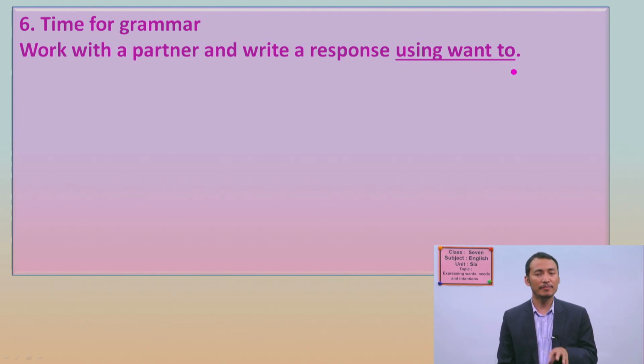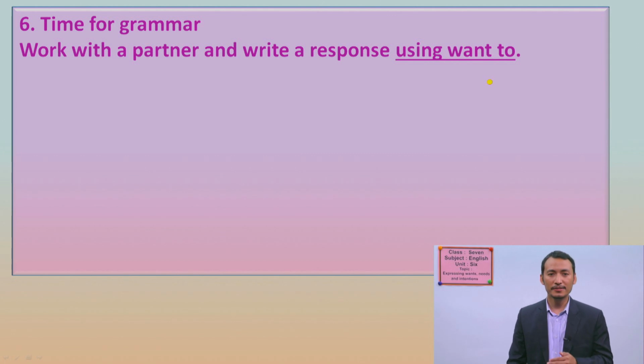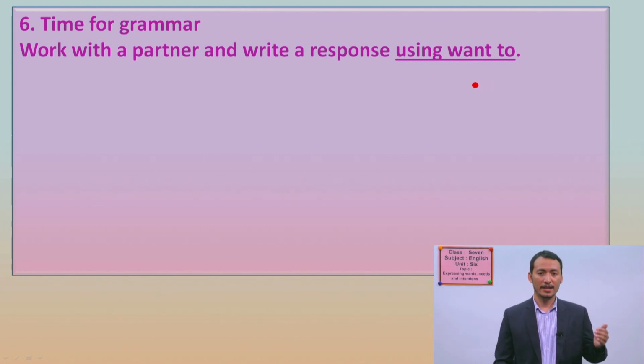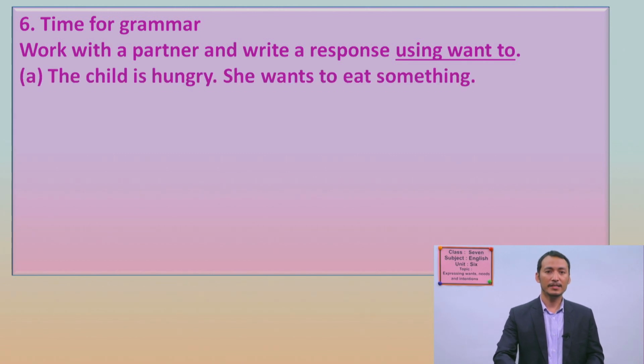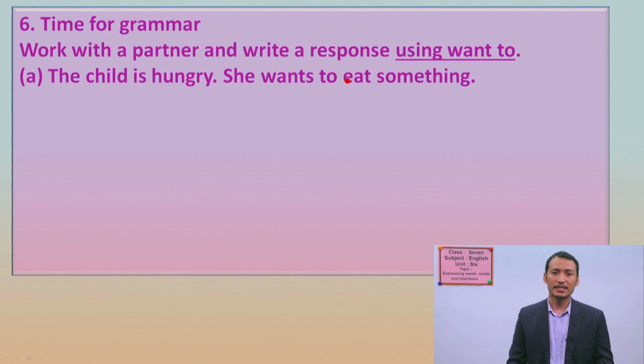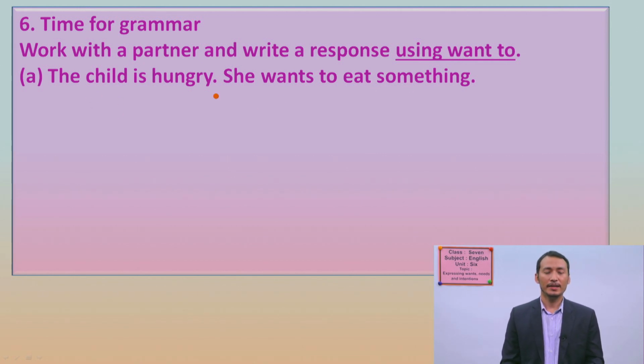What you have to do is use want to and make sentences by completing the sentence. The given exercise is like this: The child is hungry. She wants to eat something. Here this is the situation and this is the wish and want.